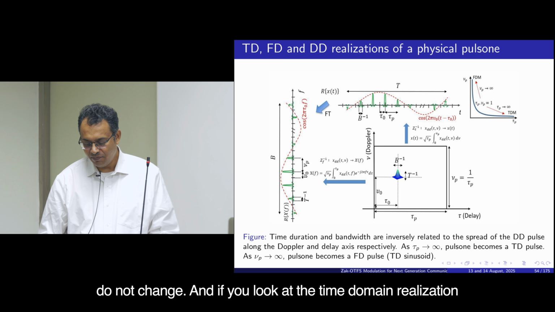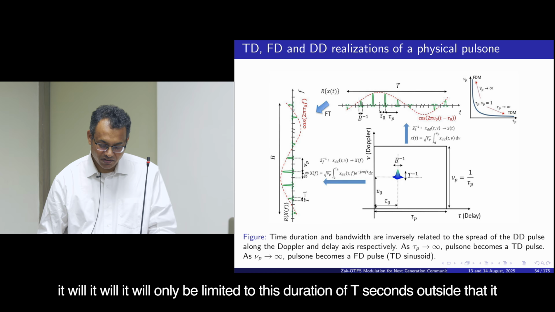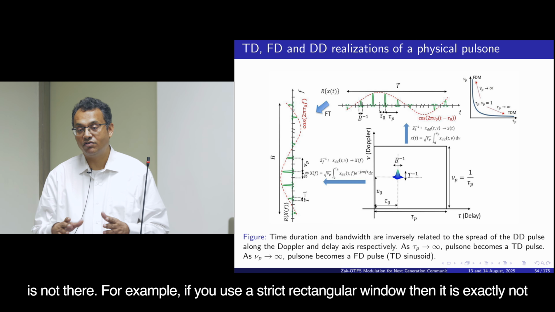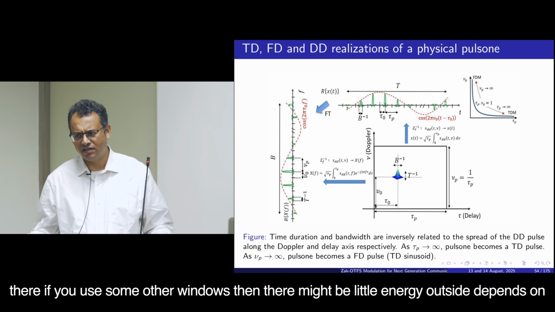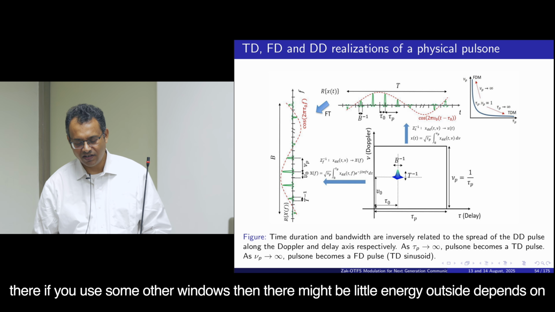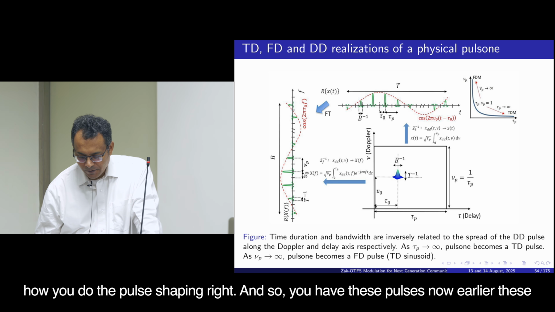And if you look at the time domain realization, it will only be limited to this duration of T seconds. Outside that it is not there. For example, if you use a strict rectangular window, then it is exactly not there. If you use some other windows, then there might be little energy outside. Depends on how you do the pulse shaping.